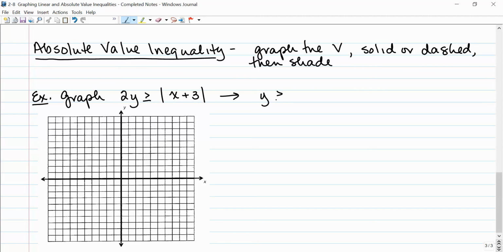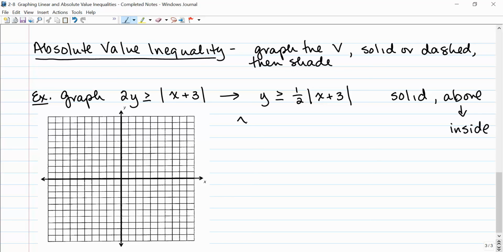So that gives me y is greater than or equal to, and I'm going to put that divided by 2 out front as a times 1/2. So y is greater than or equal to 1/2 times the absolute value of x plus 3. So this is going to be a solid line because it's an or equal to, and I'll be shading above, or actually inside the V.